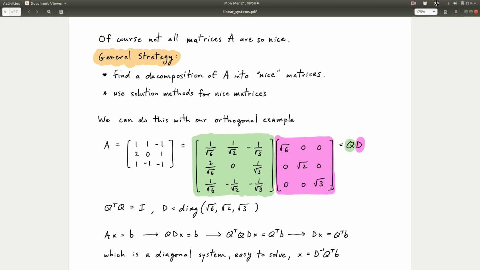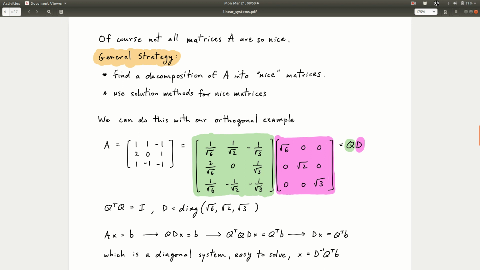Just double checking: 1 over square root 6 times square root of 6 is 1. 2 over square root of 6 times square root of 6 is 2. 1 over square root of 6 times square root of 6 is 1. So this should work out nice. So this is correct. We're not going to go through every entry, but you can double check that. So we're writing the matrix A as the product of this matrix and this matrix.